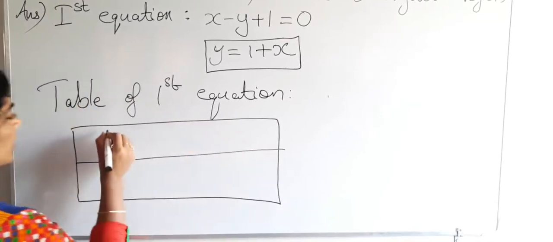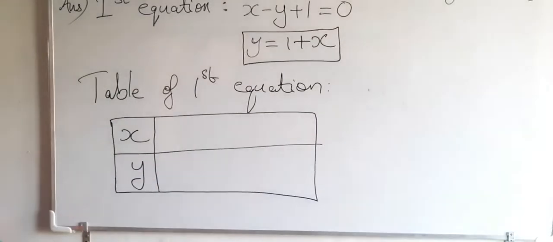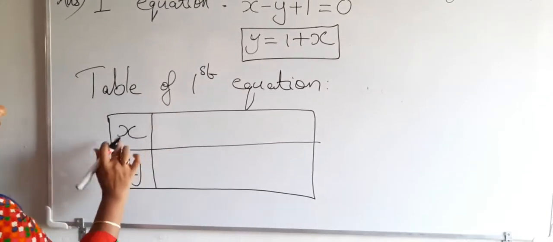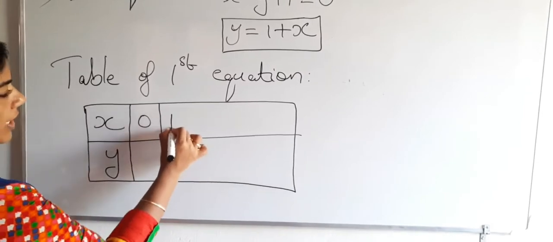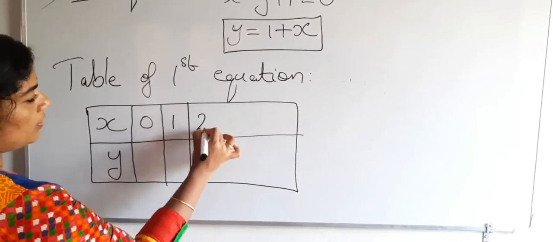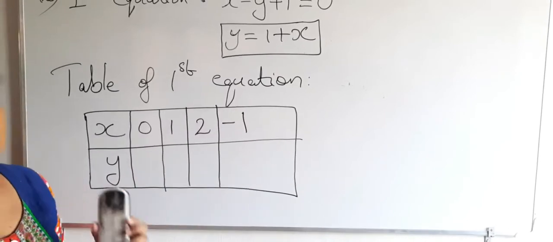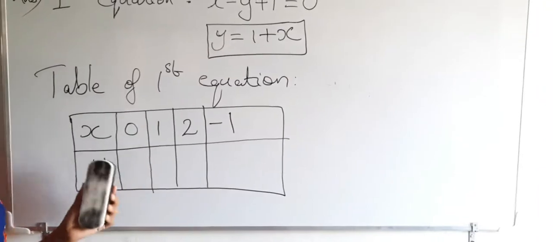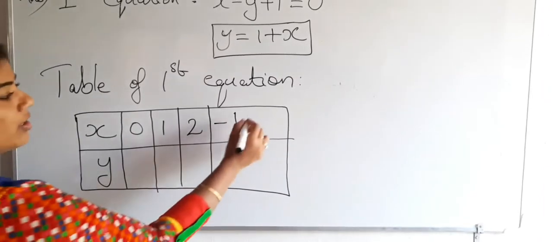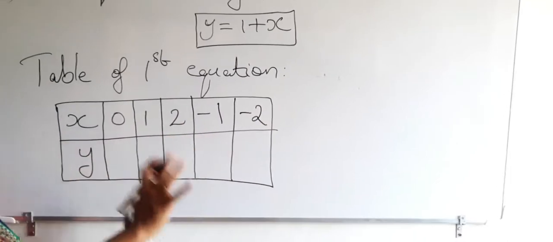Table means the coordinate points, x, and next we are writing y. Here we are giving x equal to 0, x equal to 1, x equal to 2 or minus 1. Both positive values and negative values we have to give in this table, and after that we find what the y values are. Minus 1, minus 2, like that we can write it. Two or three points is enough.